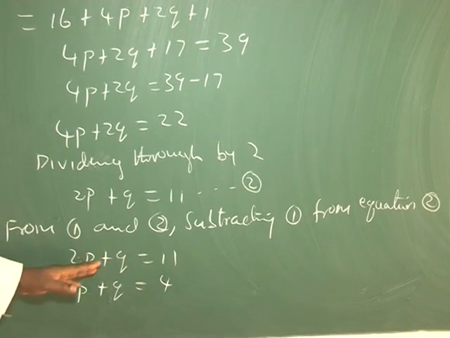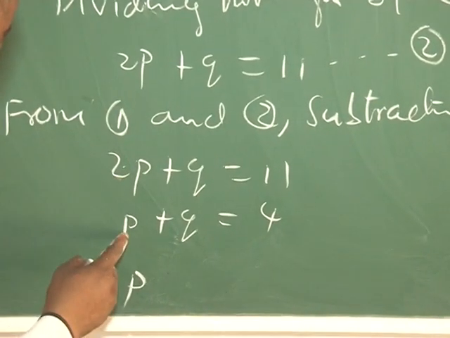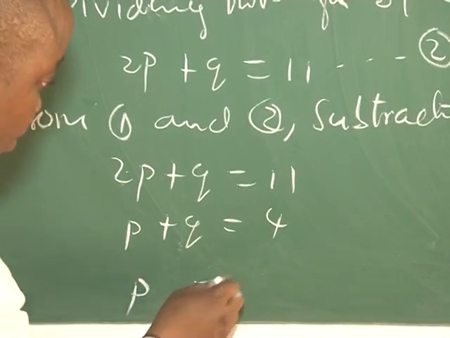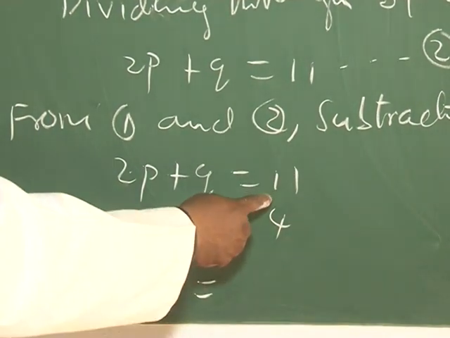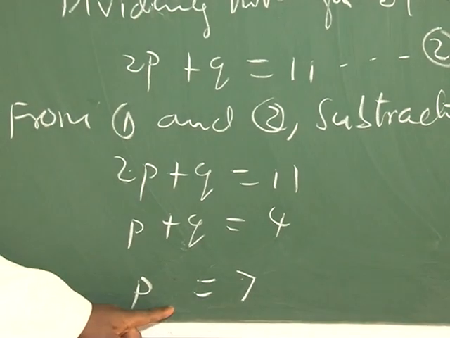If you subtract, 2p minus p is p. Then 11 minus 4 is 7. So we have p equals 7.